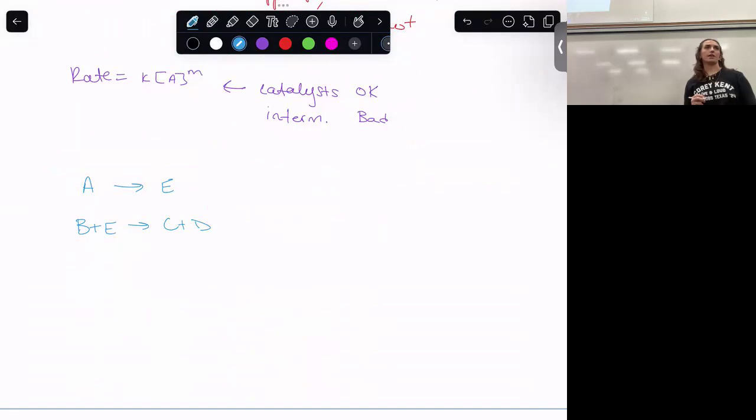Yeah, you're not expected to break it down. All right, so if we're given step 1 and step 2, and I told you this was a fast step and this was a slow step, which one is the rate determining step?